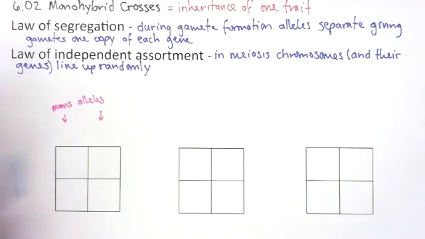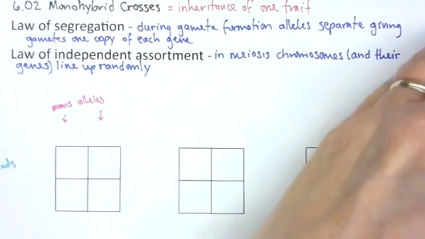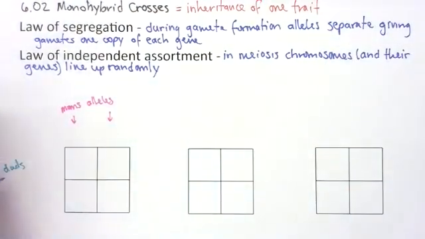Pink for mom and blue for dad. Dad's alleles will go here and here. When I say here and here, I mean in this square and in this square, and mom's will be over here.